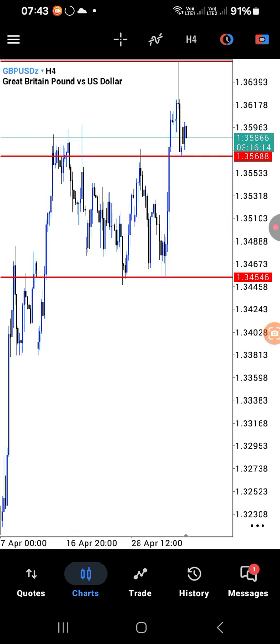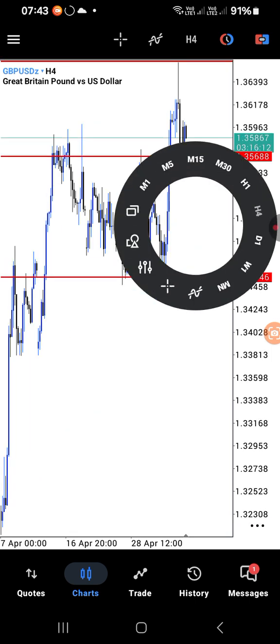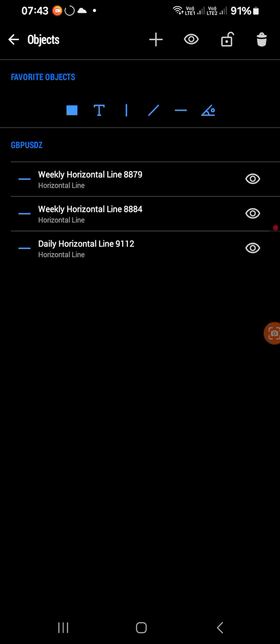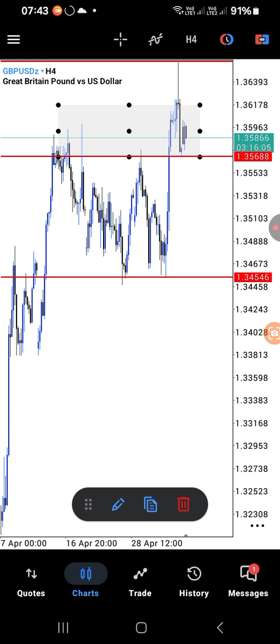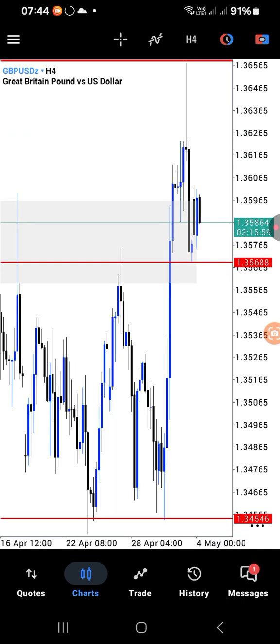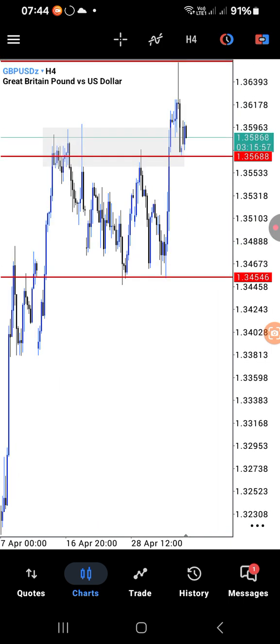As you can see, this daily low that we had marked out is also a support and resistance area at this point. What I mean is this.